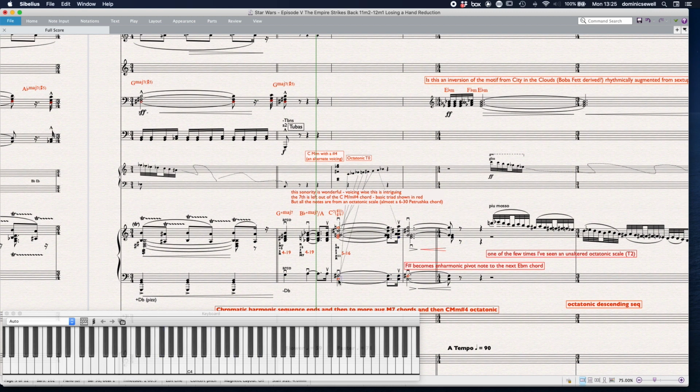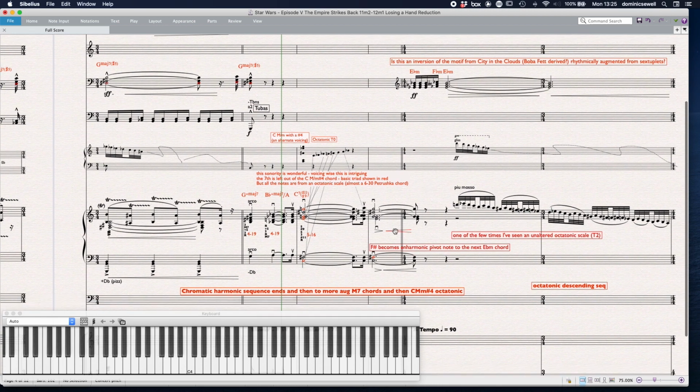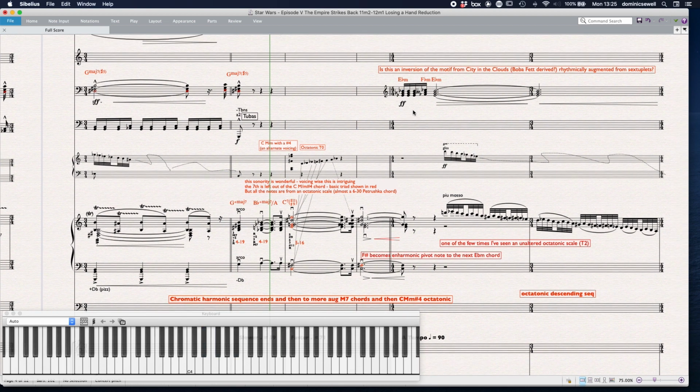So often look at that as well. So we've got fourths there and sevenths. And then what's interesting is the F sharp becomes a sort of enharmonic pivot note, so G flat, to the next E flat minor chord, which is here. So E flat minor at that point.